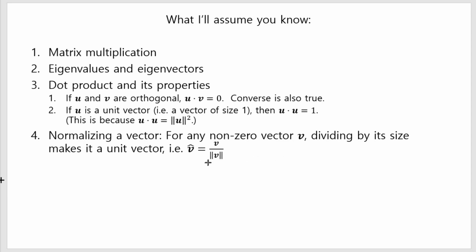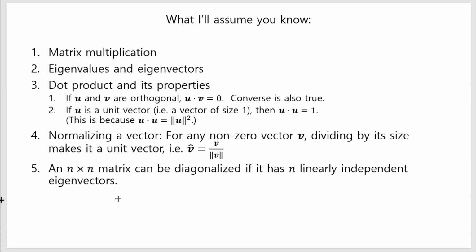This is kind of easy stuff because if you have, say, a vector of length 3 and you divide this vector by its length, which is 3, then what will be the new vector that you get? It will be resized to size 1, right? So that's what this formula is saying, so nothing hard.